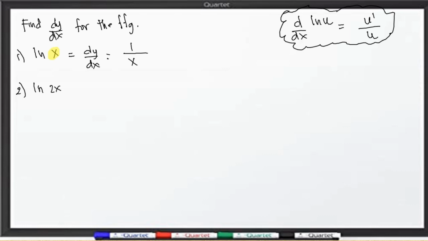Ganun pa rin po, ano po ang u natin muna? Ang u natin ay 2x. So, ang derivative ng u with respect to x will be 2 over u, which is 2x. Makakancel po ito, magiging 1. That is equal to 1 over x.